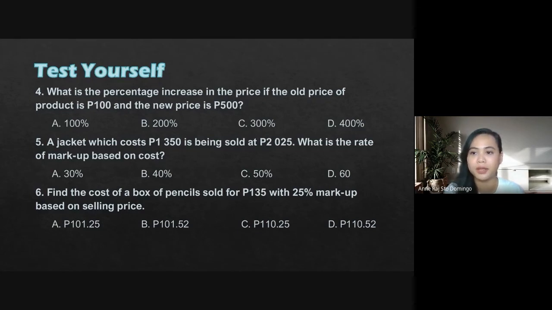Junabel, what is your answer for the markup? Markup first. So, 135 times 25%, that is 33.75. So, we will subtract it from 135. Yes, what is your answer? Letter A.